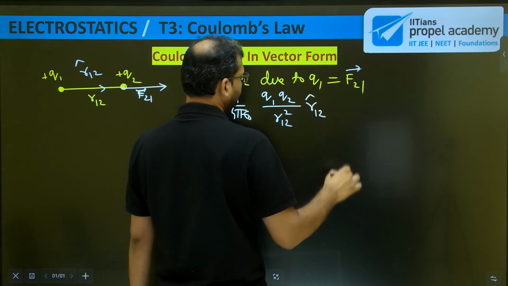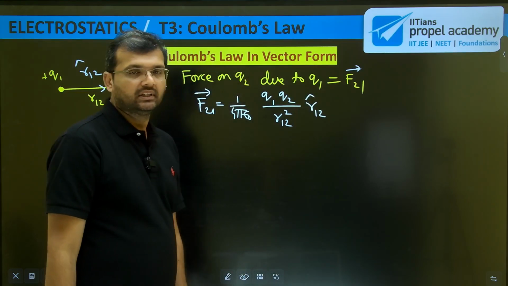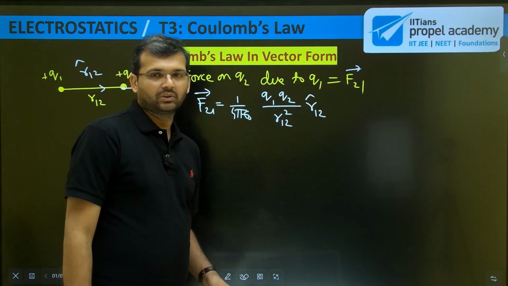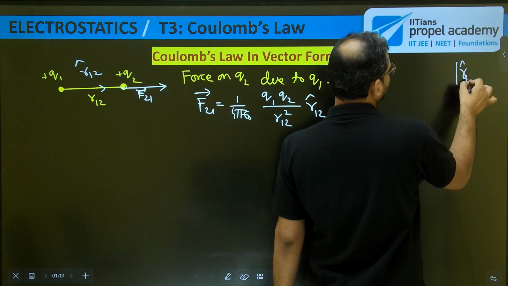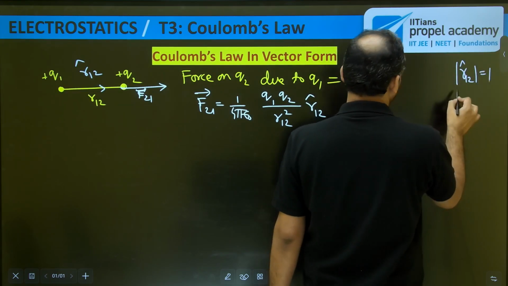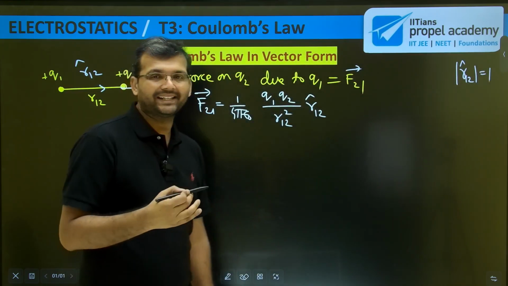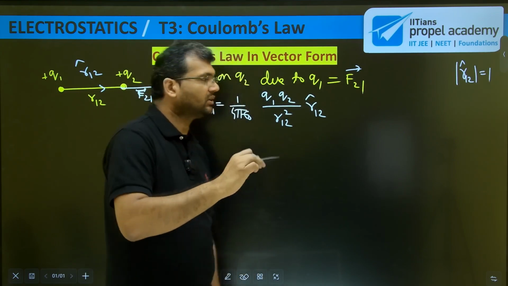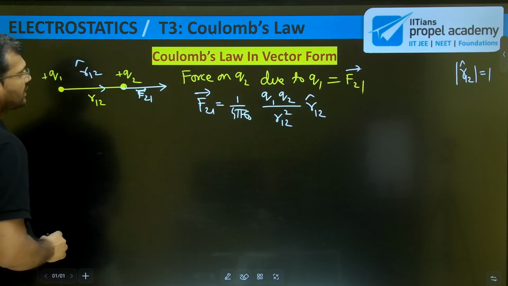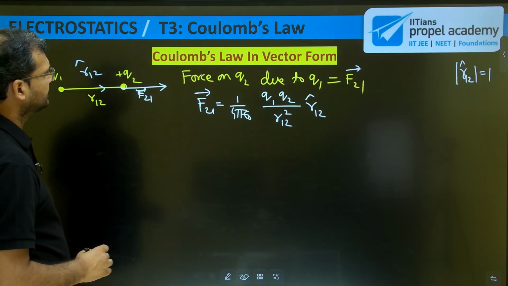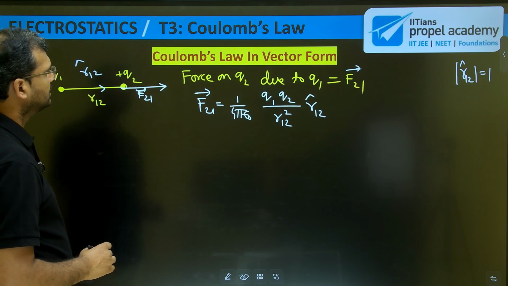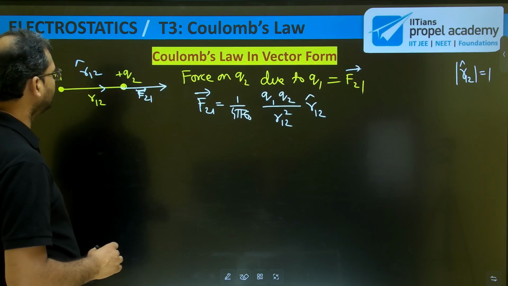R12 cap. Cap is a symbol for a unit vector, whose magnitude is 1. A unit vector shows only the direction. Okay. Very good. So this is the force on 2 due to charge 1.